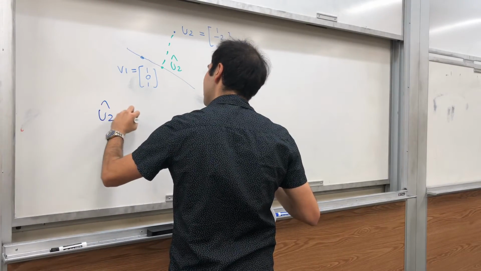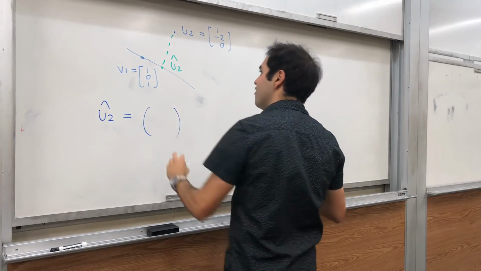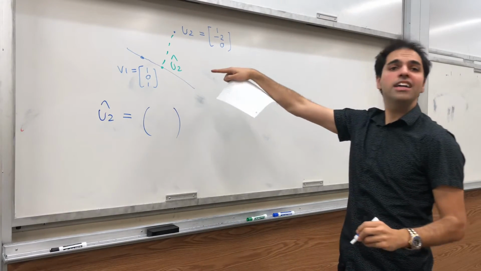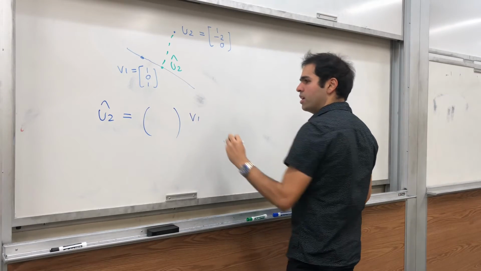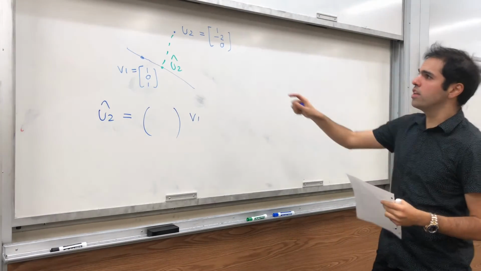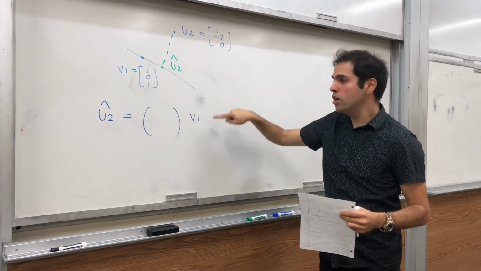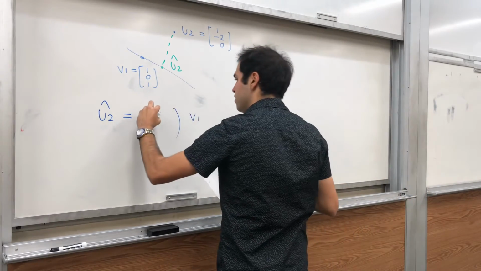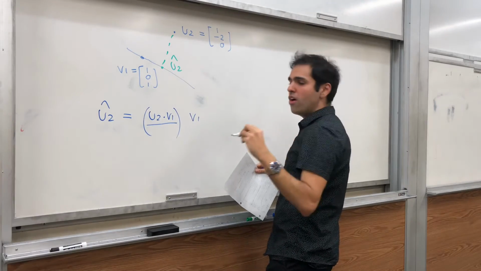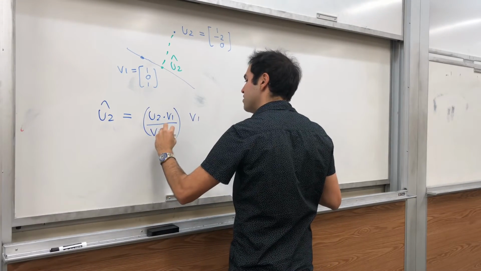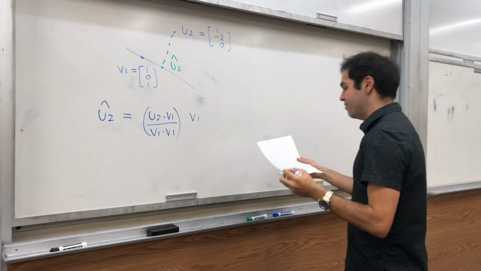U2 hat, first of all, is in the line generated by V1, so it is a multiple of V1. And the way you do this, you take U2, you hug it with V1, so U2 dot V1. And then V1 is so happy it hugs itself, so V1 dotted with V1.